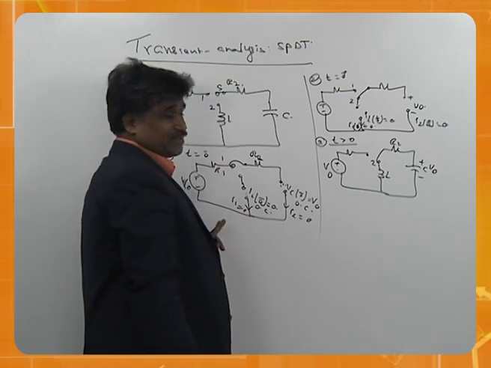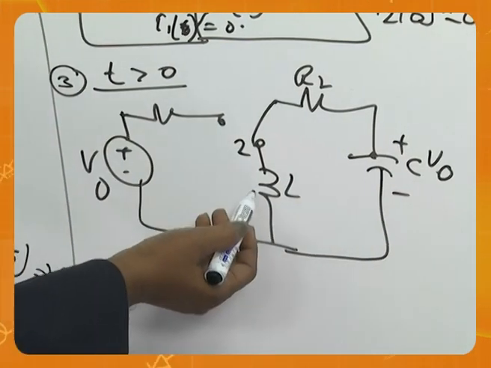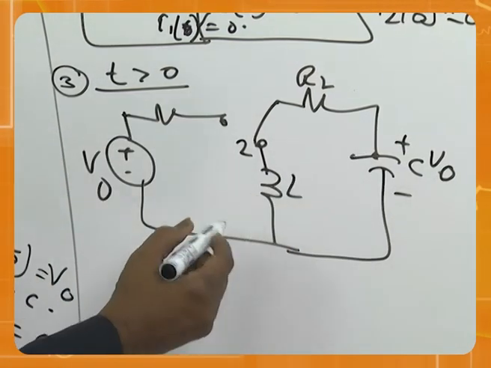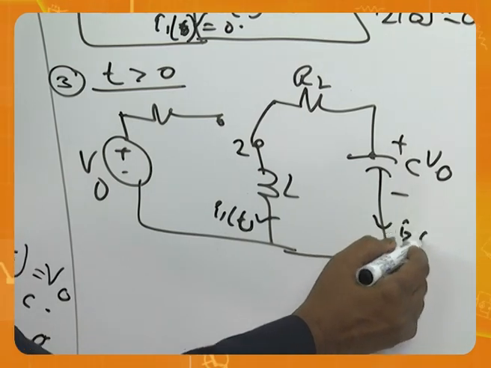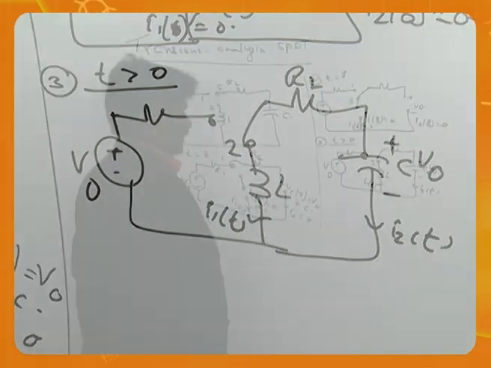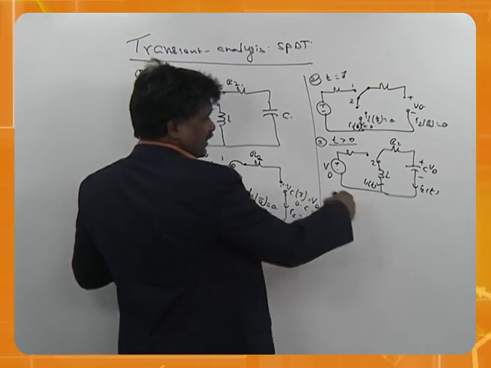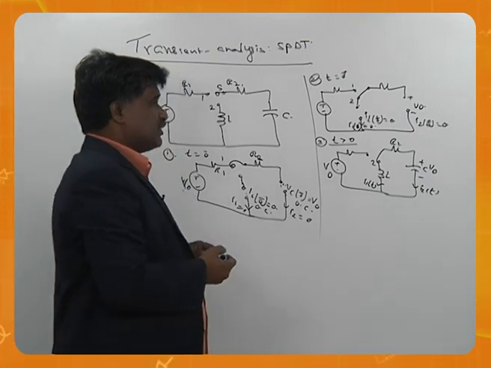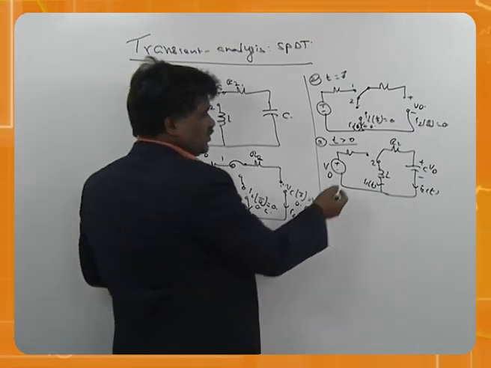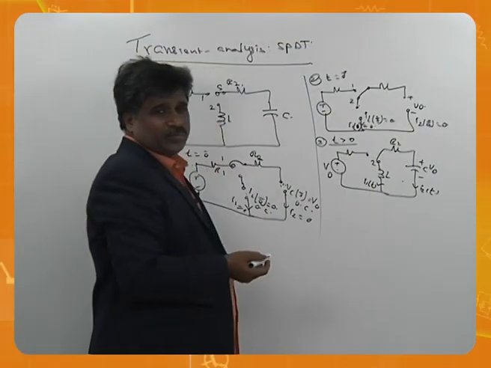Don't forget that. The capacitor is present with initial voltage, the inductor is present without initial voltage. This is I1 of t, this is I2 of t. That's the meaning. I1, I2. Now shall we apply this here? How are the equations coming? In fact, it seems to be 2 loops, but it has only 1 loop.